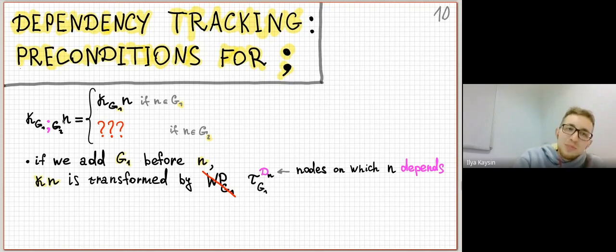If n doesn't depend on some events of G1, then these events of G1 can be ordered after n. So these events that are independent of n, there's no order from them to n, and they shouldn't affect the transformation of the precondition. So this is the first thing.